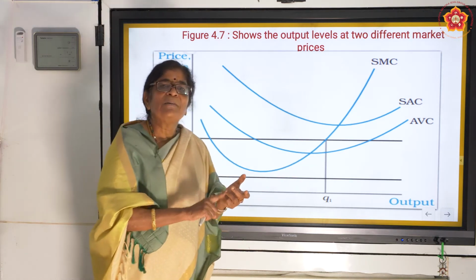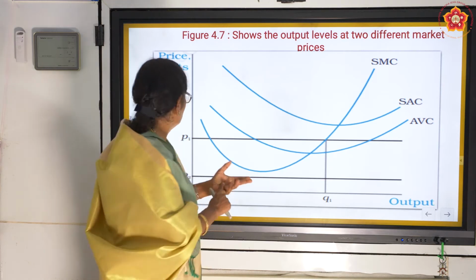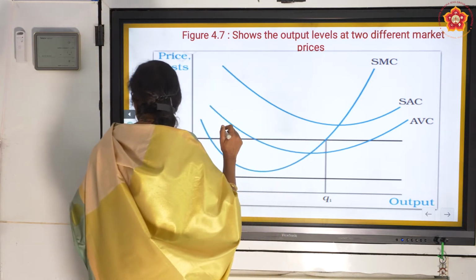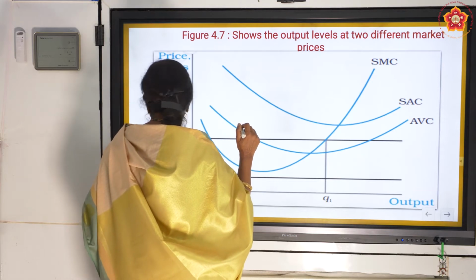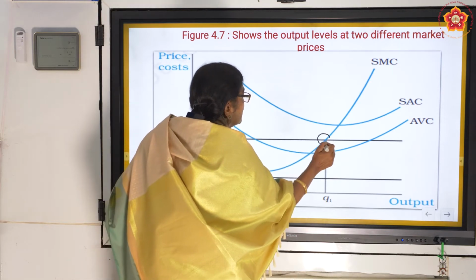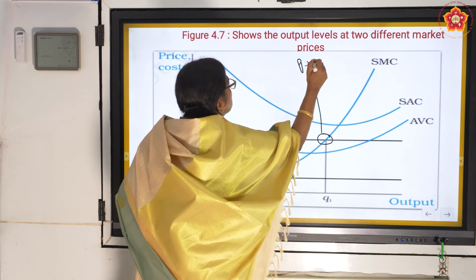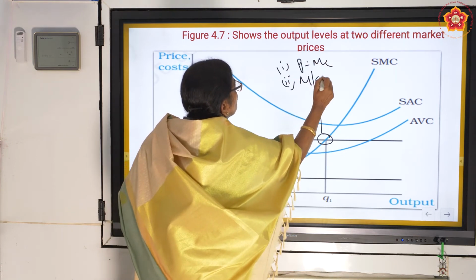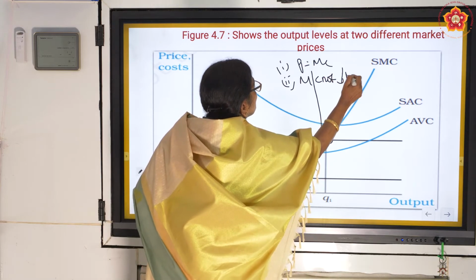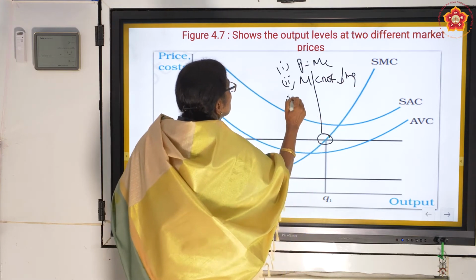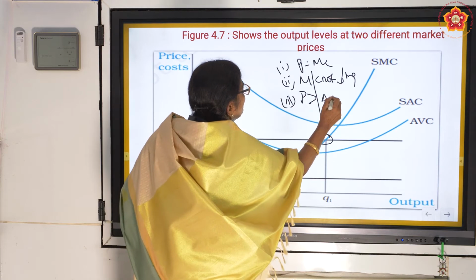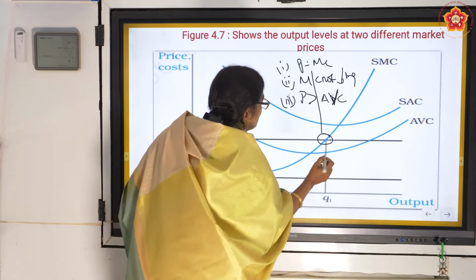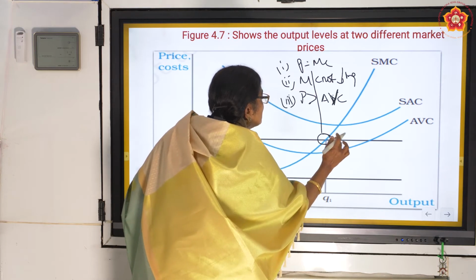At P1, first condition, P is equal to MC; second condition, MC not decreasing; third condition, P greater than AVC is fulfilled, because AVC is here and the price line is up.